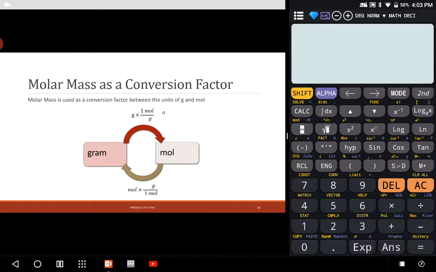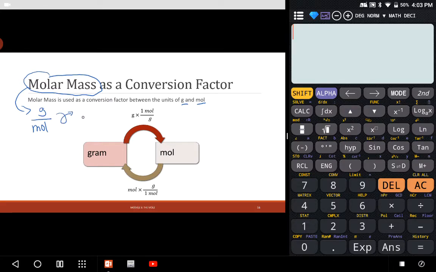All right, so our conversion factor when we do dimensional analysis between the units of grams and moles, we'll use our molar mass because the units of molar mass were grams per mole. And so this is a great conversion factor between grams and moles. And we know conversion factors can be flipped as needed.